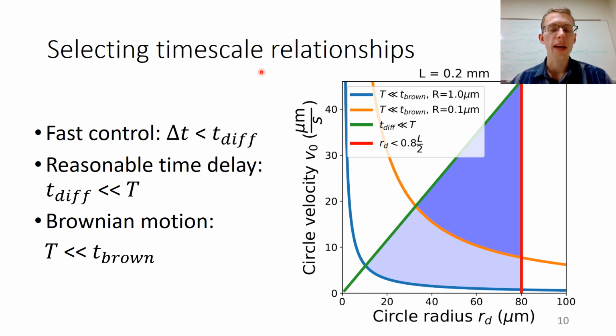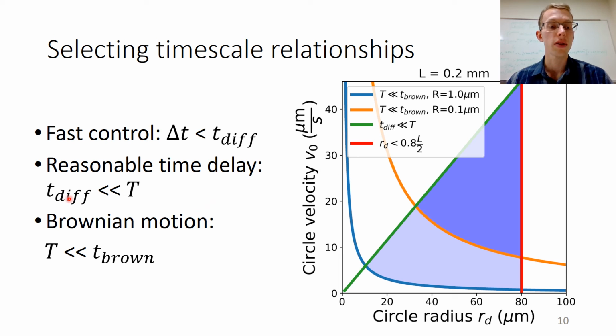Now, applying these timescales to our 3 rules. For our first rule, fast control, we need the control interval duration to be smaller than the solute diffusion time. This isn't too hard to do as long as your computer is able to solve your model fast enough. You can normally set delta t to be small enough. Our second rule, we need a reasonable time delay.